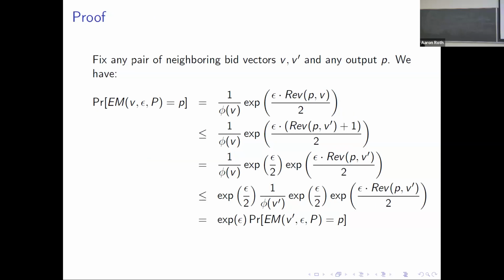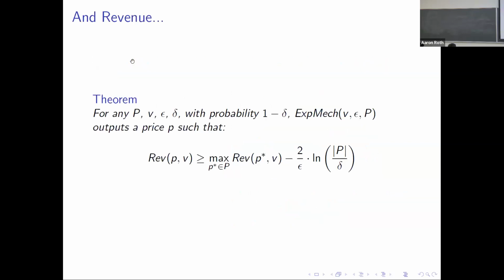So we've proven that this exponential mechanism, this simple method of randomly choosing prices as a function of the bids to try to maximize revenue without being too sensitive to the bids of any particular person, has succeeded in being differentially private. And therefore, we have an approximately dominant strategy truthful mechanism.